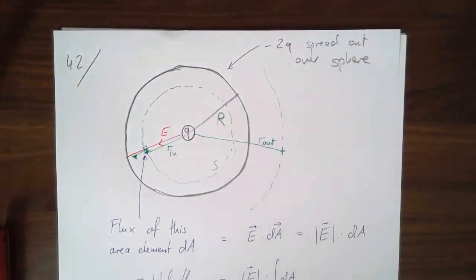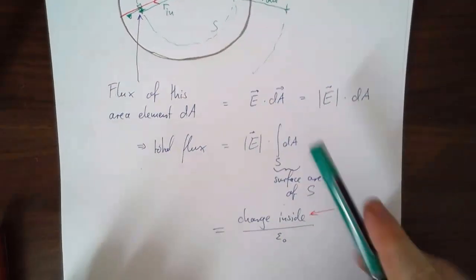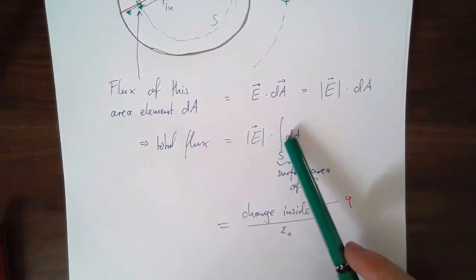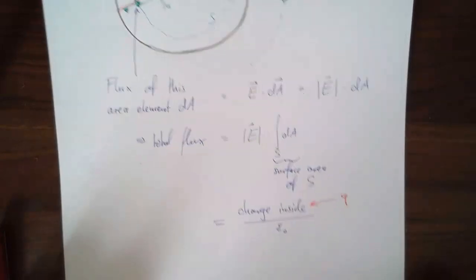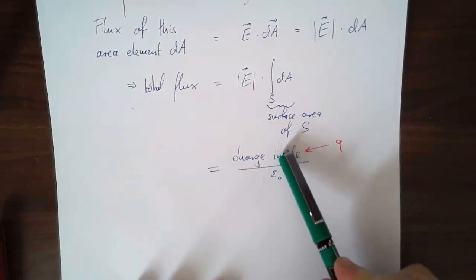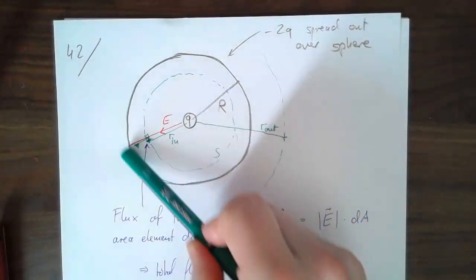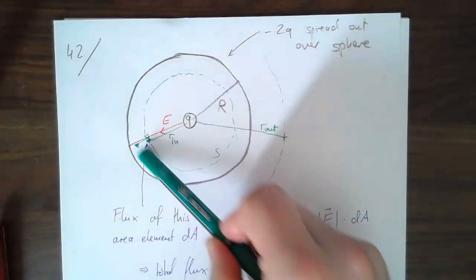So that implies that while the flux calculation looks the same, except the area is going to be different because it's a bigger sphere, the charge inside is now going to include the total charge on this.